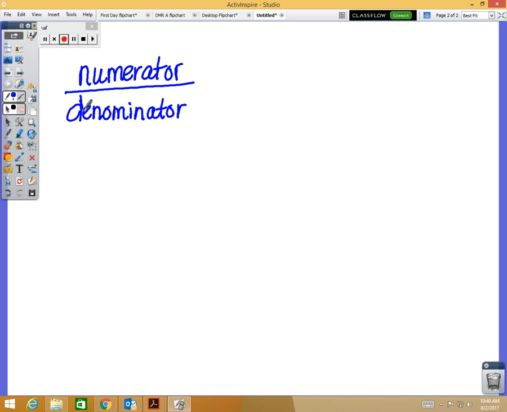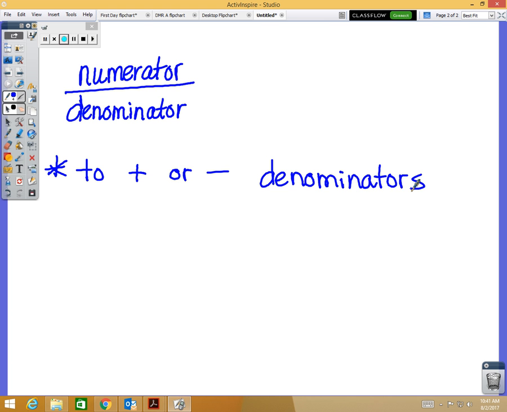All right, so to add or subtract, denominators must be the same. To add or subtract, denominators must be the same.